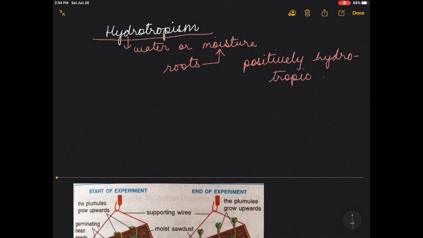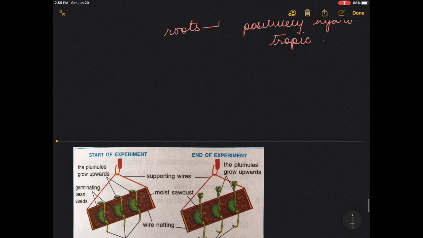So the growth of roots towards moisture ensures that the roots will be near the water which is found in the soil. Roots are positively hydrotropic, and the part of the plant which moves away from water, that is the shoots, are known as negatively hydrotropic.